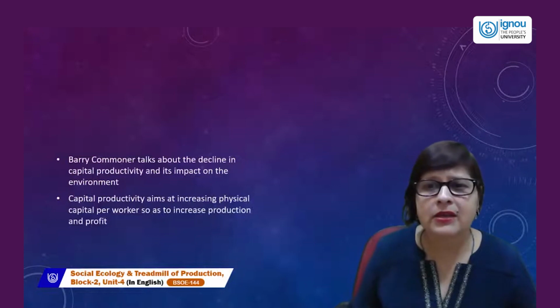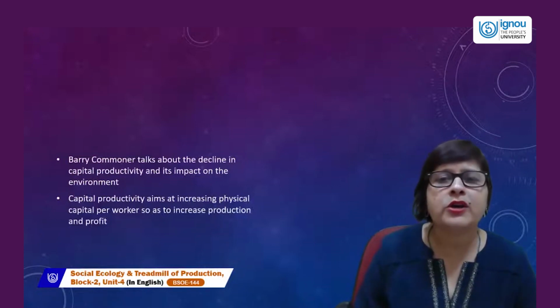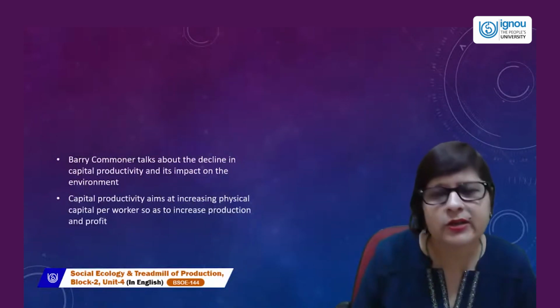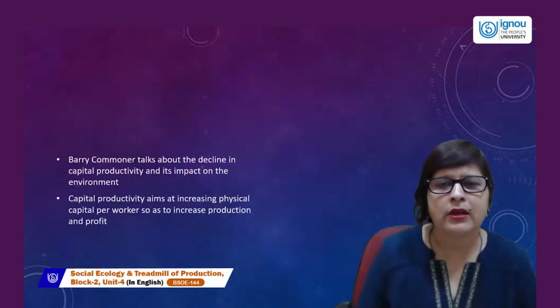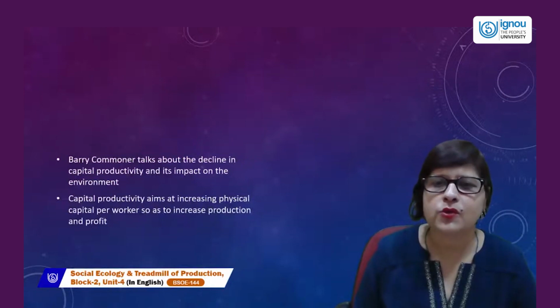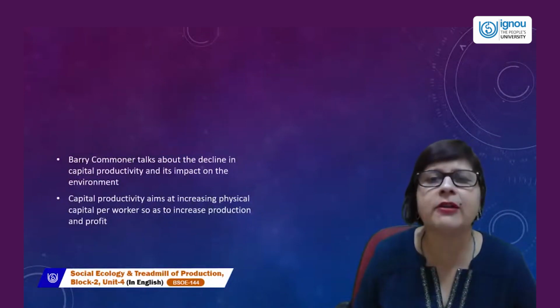That means getting more work, which is equivalent to the exploitation of the worker. The worker should work more hours at low wages, so that the owner can earn more profits and can produce more.